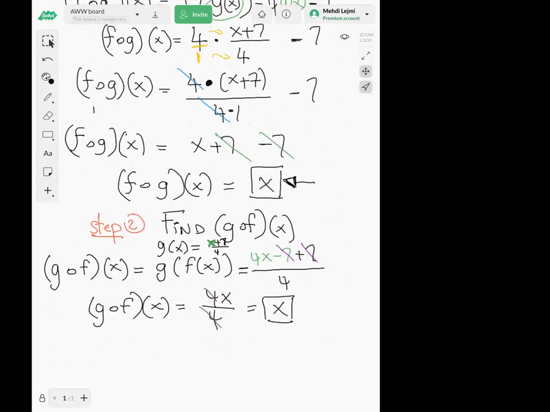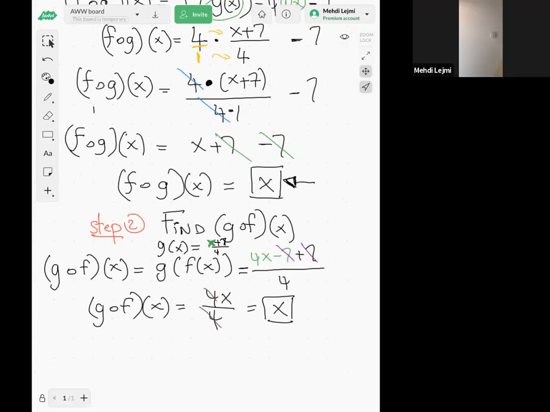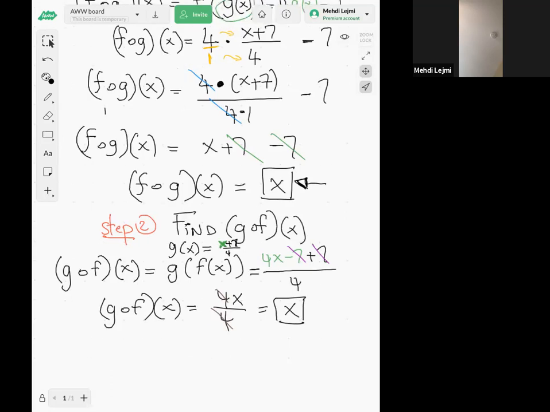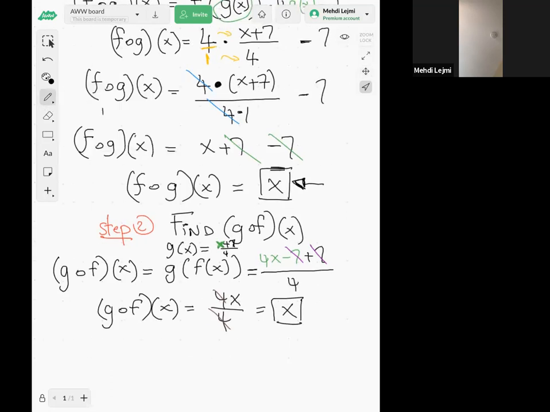Anyway, in this example, all I'm saying is if you do f composed with g and g composed with f, in both cases we get x, just x by itself. And that means that g is the inverse of f.